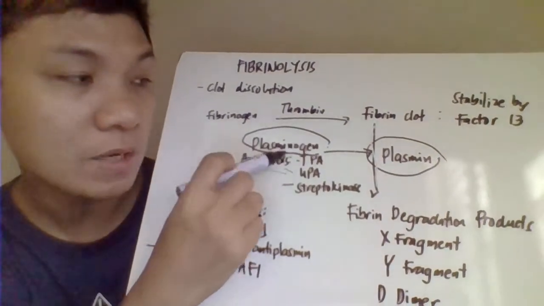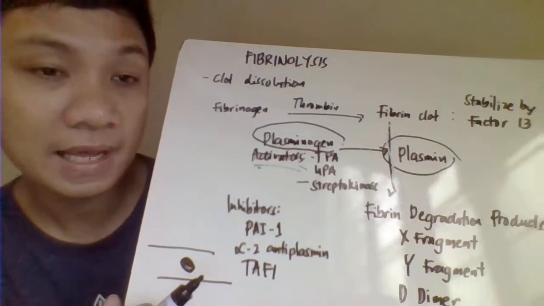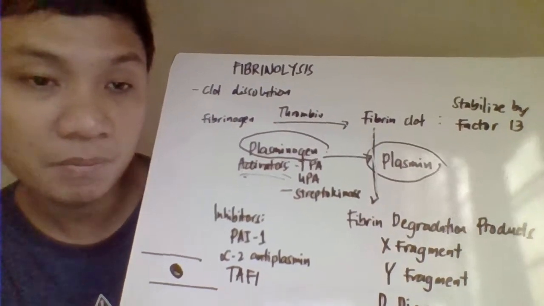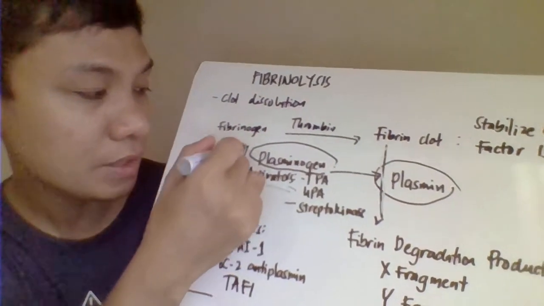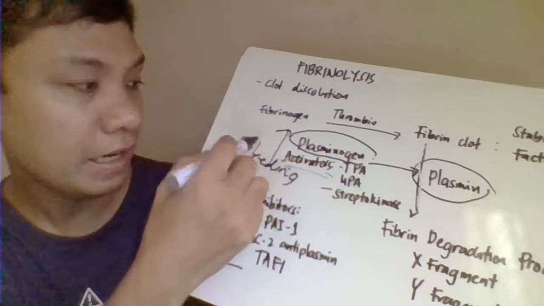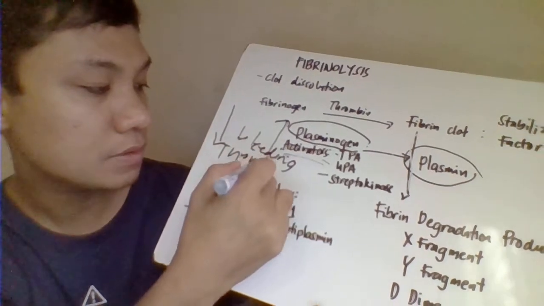Your plasminogen will not be converted to your plasmin and therefore walang magda-digest ng clot natin. And therefore, pag walang mag-digest, what you have here would be your thrombus formation. Again, pag madami ito, this results in your bleeding. Pag wala ka naman ng mga activators natin, that results in your thrombus.